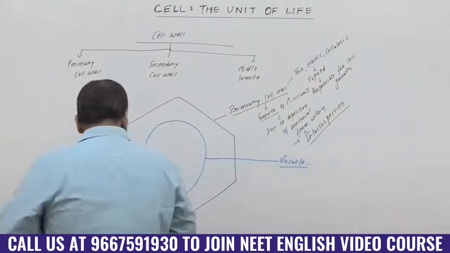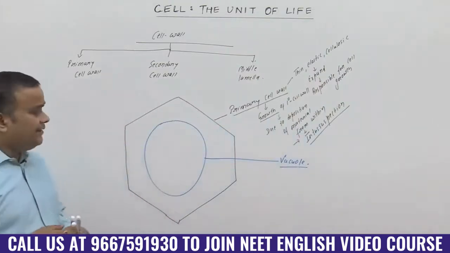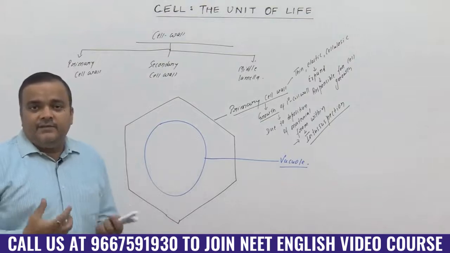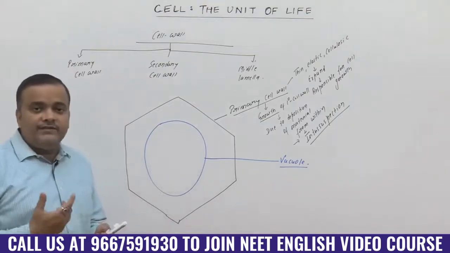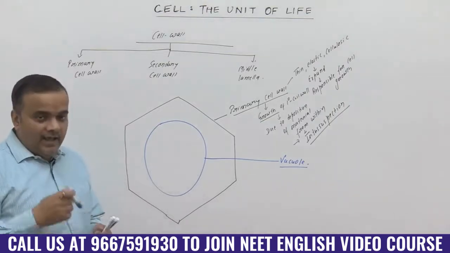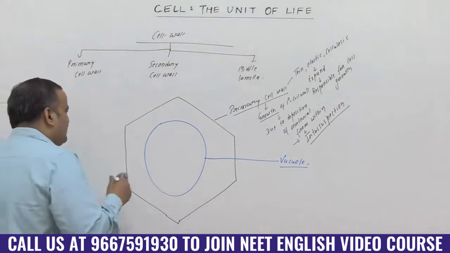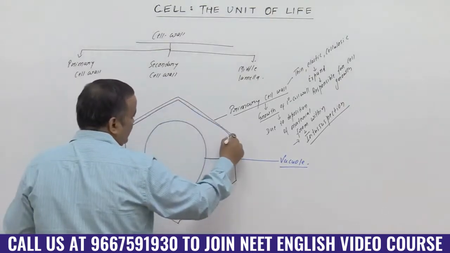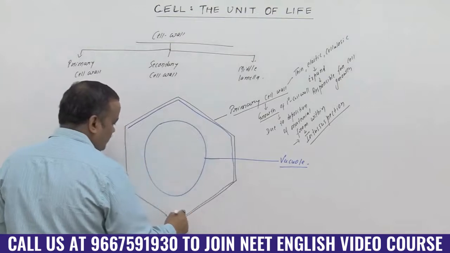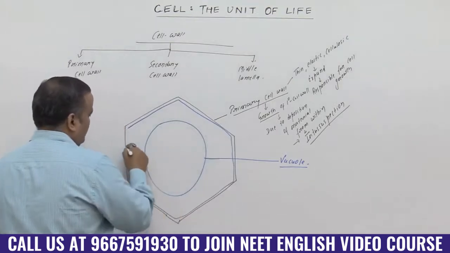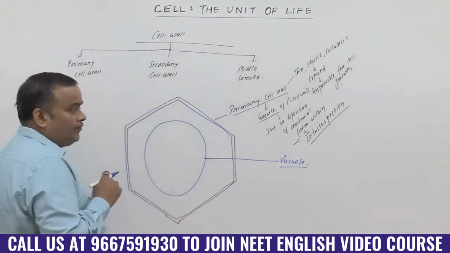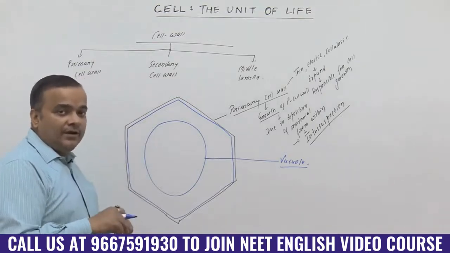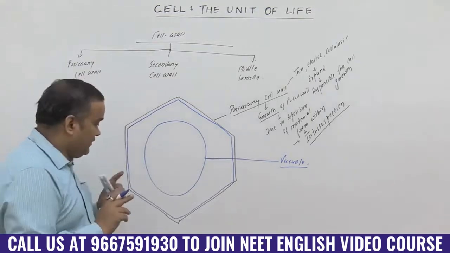Now, as cell matures, this primary cell wall is not able to sustain the pressure exerted by the content of the cell. So there is development of secondary cell wall, and development of secondary cell wall always takes place inner to the primary cell wall. A very important point.